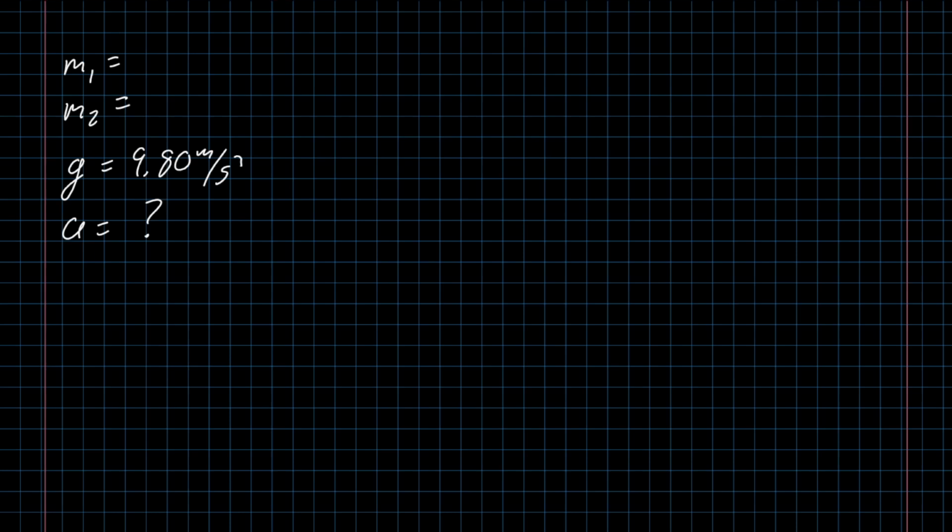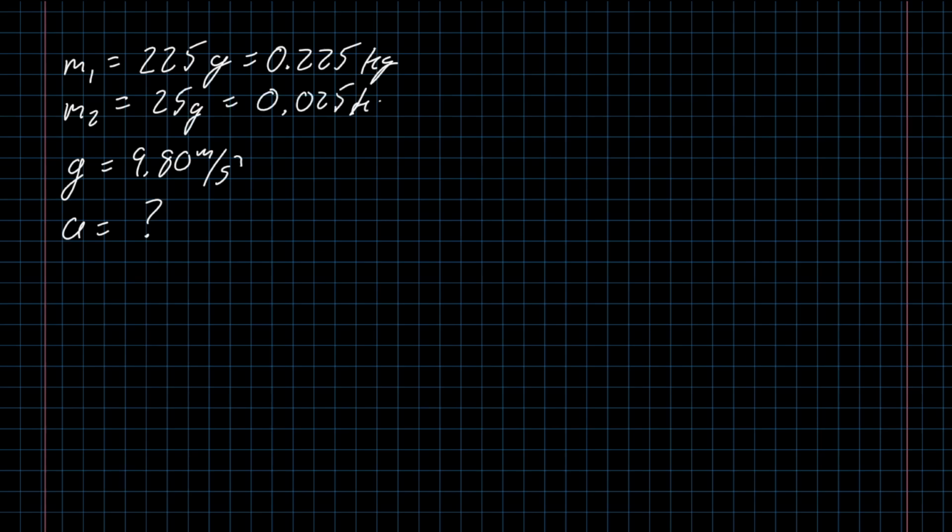And then we need to know m1, which was the mass of the cart itself. And let's go ahead and call that 225 grams, or 0.225 kilograms. And then we need to know the counterweight's mass, m2, that's the hanging mass. And let's go ahead and call that 25 grams. So that's 0.025 kilograms.